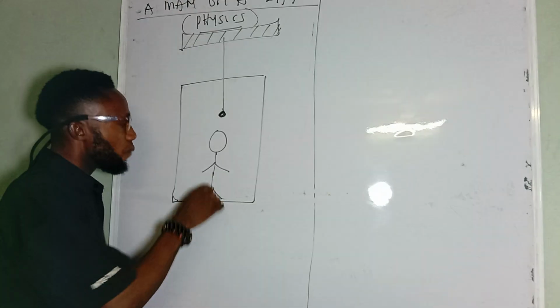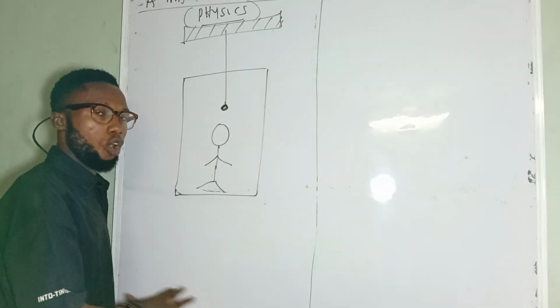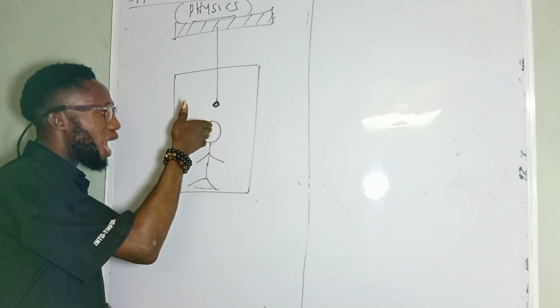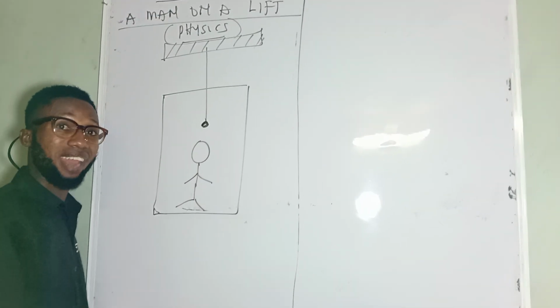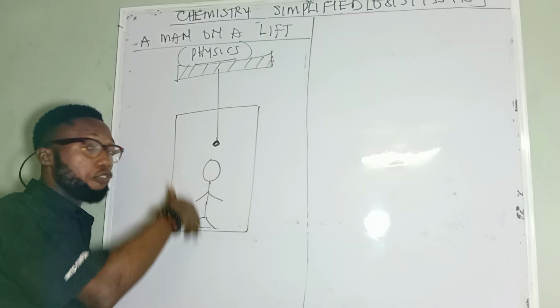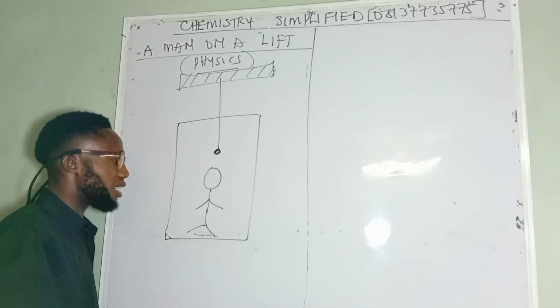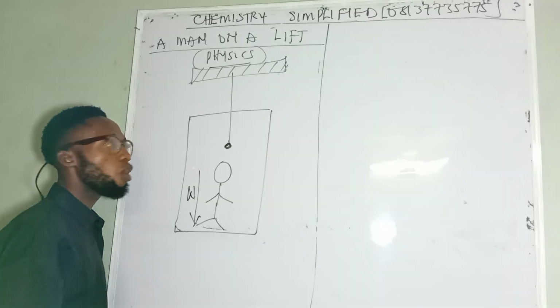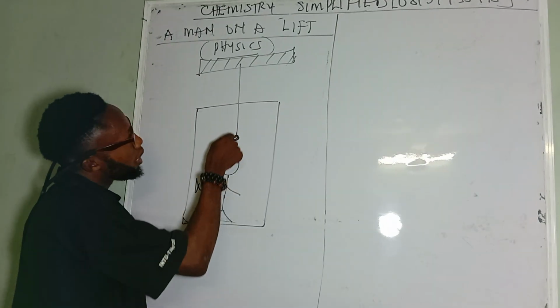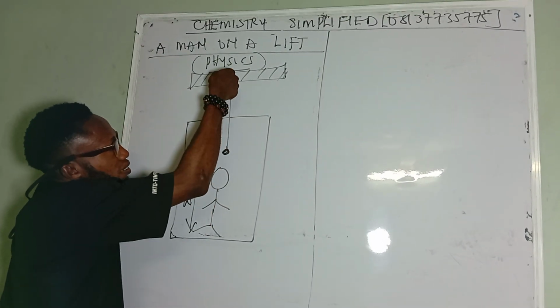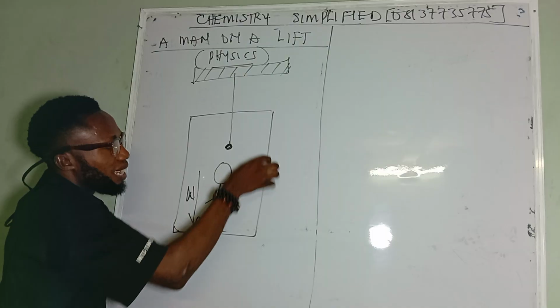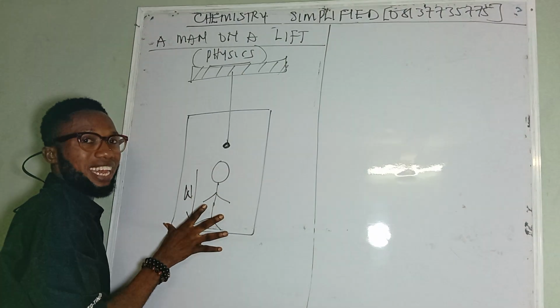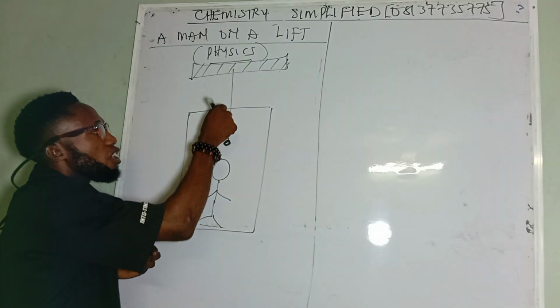You know that if you are standing on a plane surface, you are exerting a particular force on that ground, right? That force you are exerting on the surface is known as your weight. This is the rope or the string that holds the whole lift. Now there is a force here.